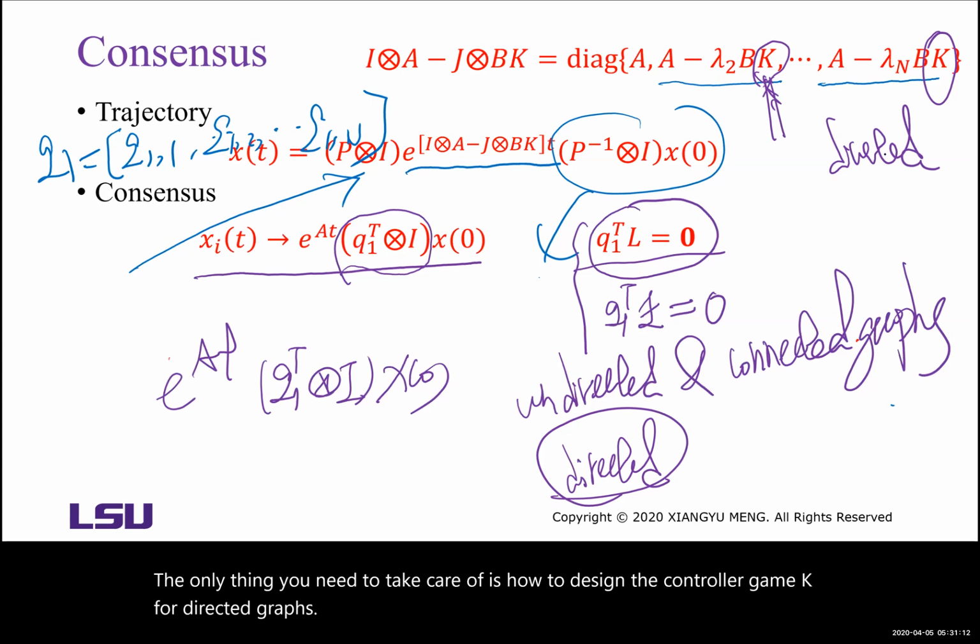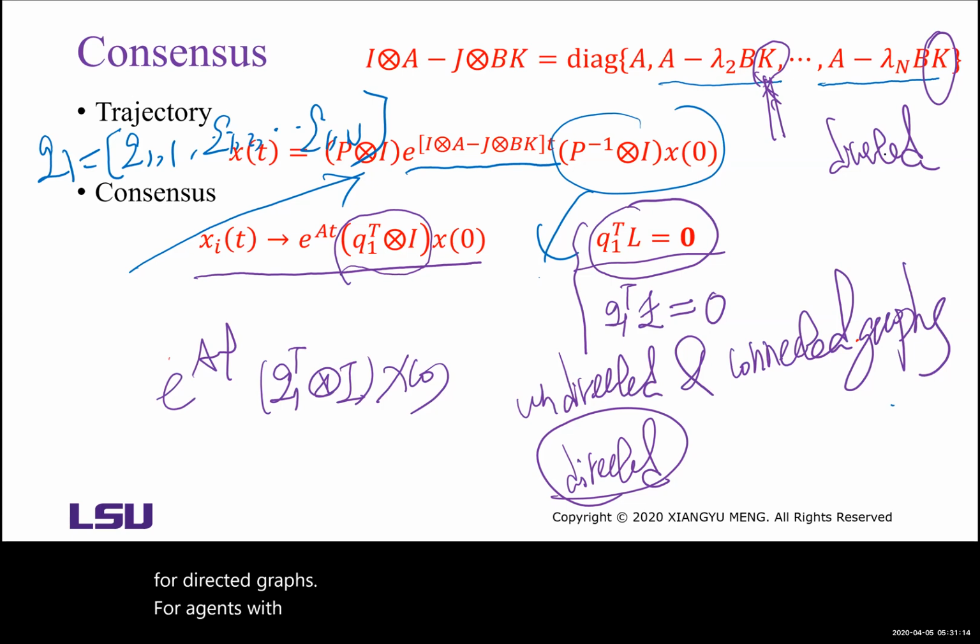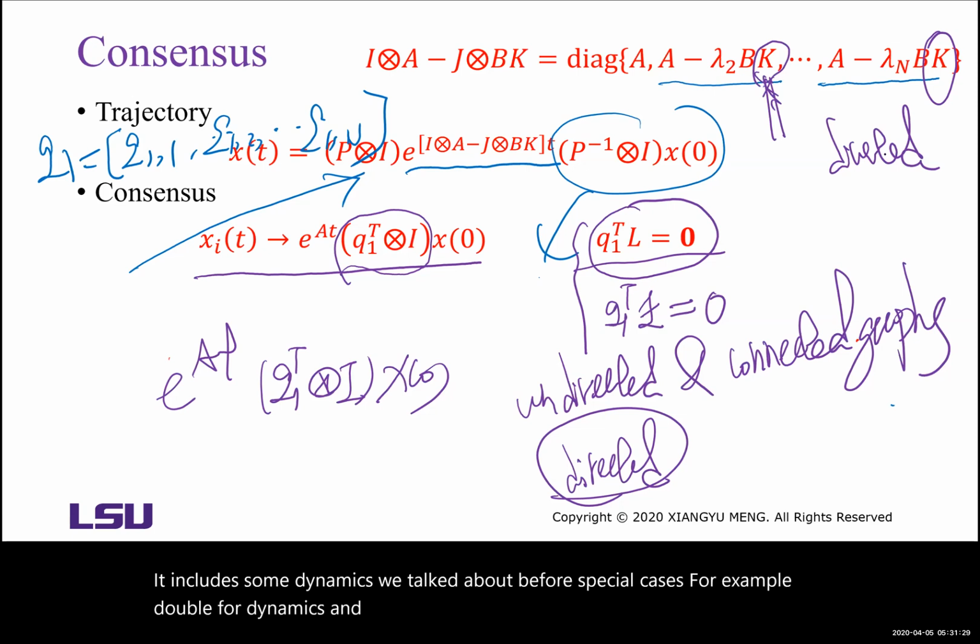For agents with linear dynamics, it is the general case. It includes some dynamics we talked about before as special cases, for example, double integrator dynamics and single integrator dynamics.